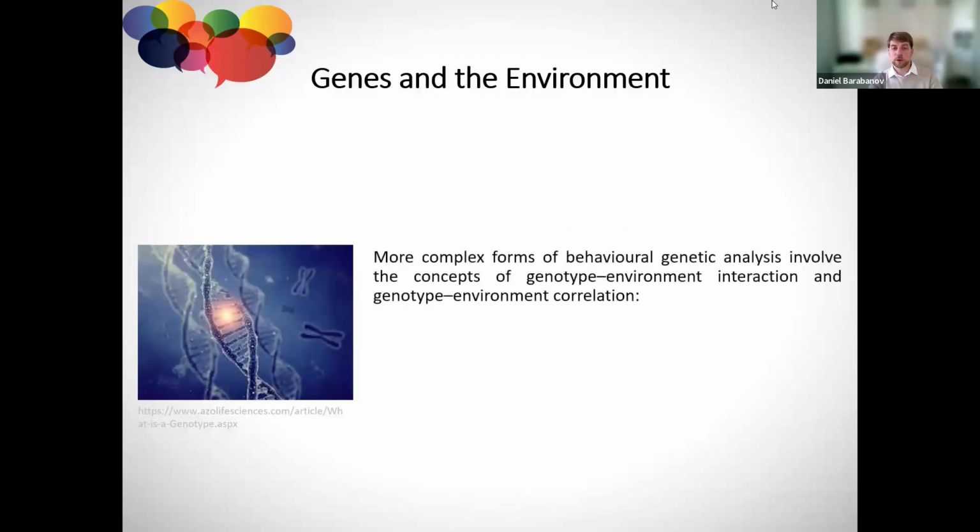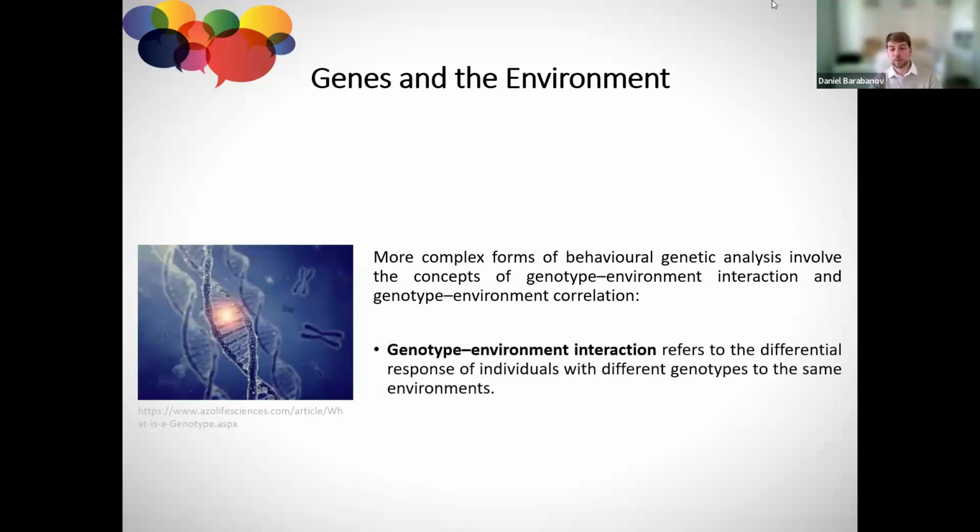Genes and the environment. More complex forms of behavioral genetics analysis involve the concepts of genotype-environment interaction and genotype-environment correlation. So what is it about? Genotype-environment interaction refers to the differential response of individuals with different genotypes to the same environment, right?